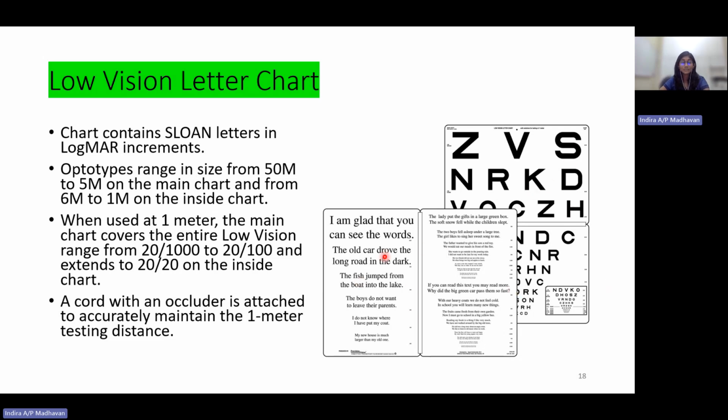But when you use the near chart, we don't use the cord. We don't use the cord because we do the measurement for near based on the habitual reading distance of the patient. We don't use the 1 meter standard. That 1 meter cord is only for the distance chart.